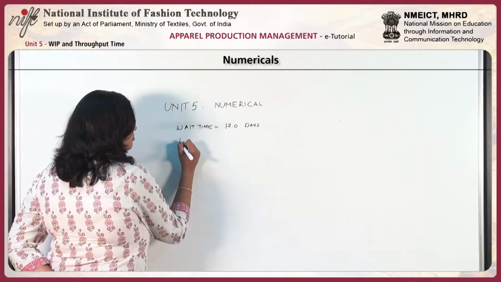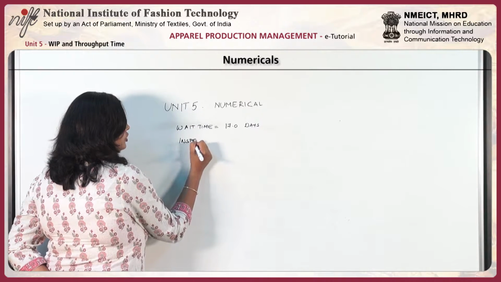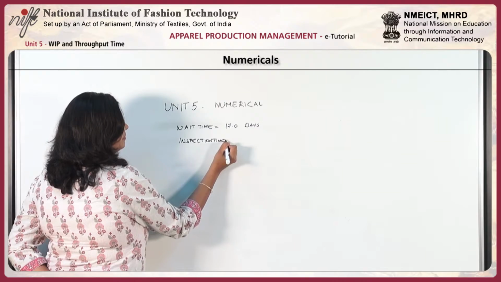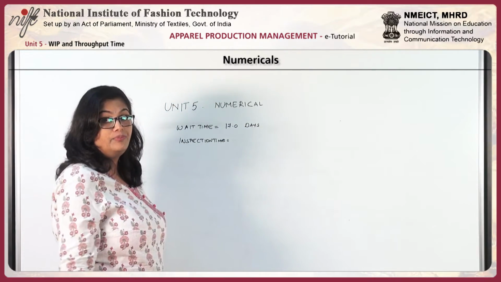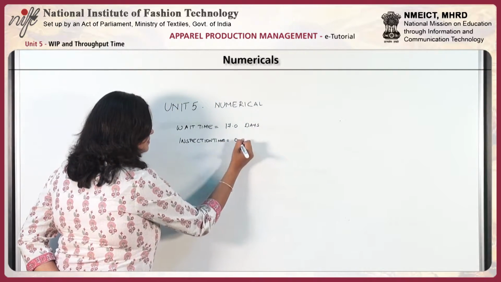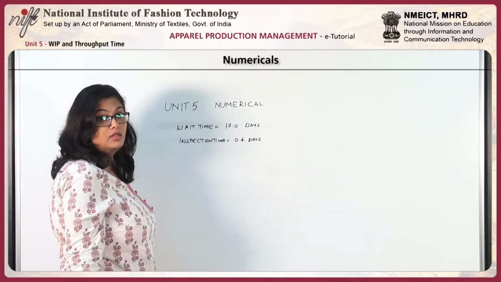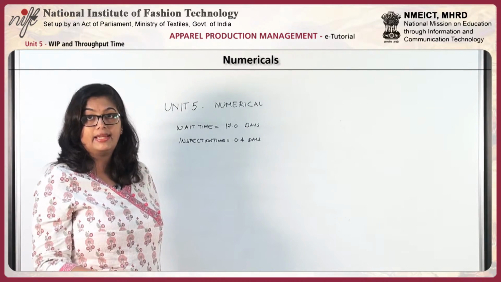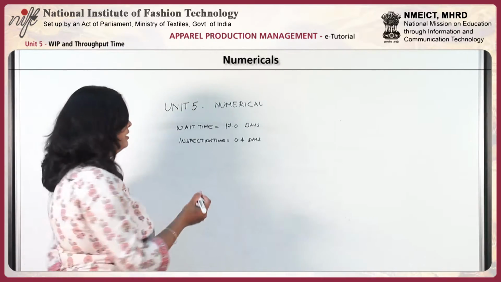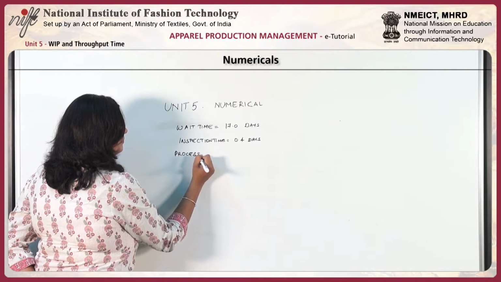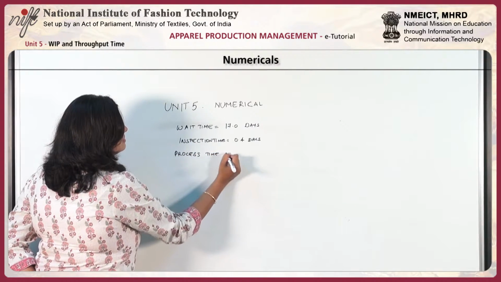The inspection time taken for the order is equal to 0.4 days. The process time taken for this particular order is 2 days.